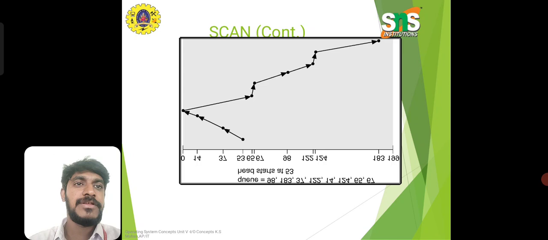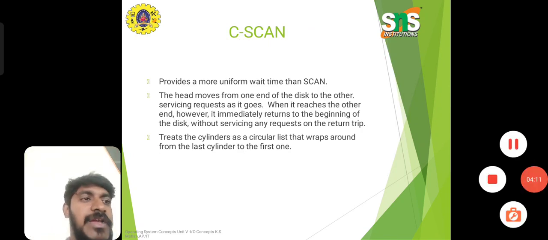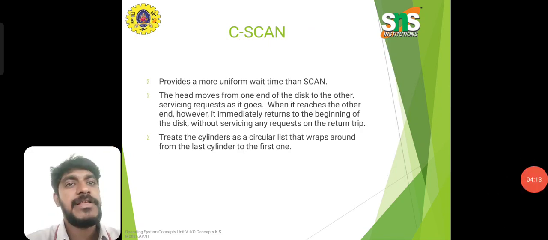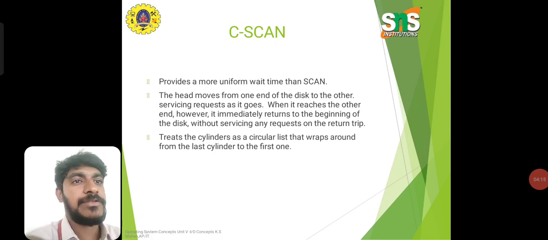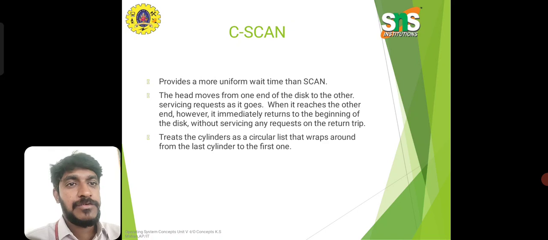Next we also have C-SCAN, which provides a more uniform wait time than SCAN. The head moves from one end of the disk to the other, servicing requests as it goes. When it reaches the other end, however, it immediately returns to the beginning of the disk without servicing any requests on the return trip.